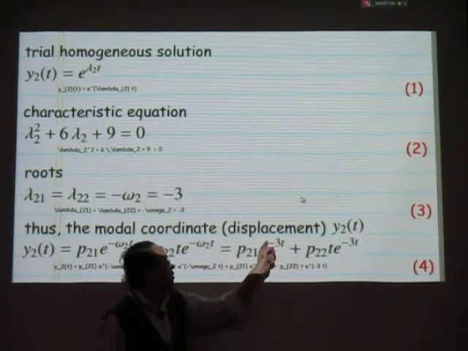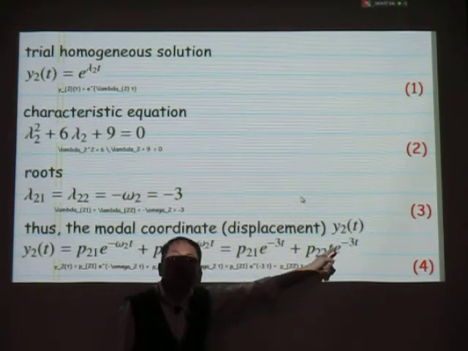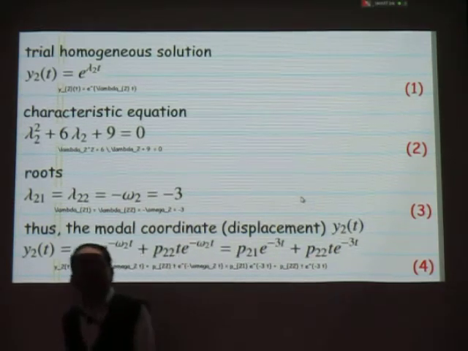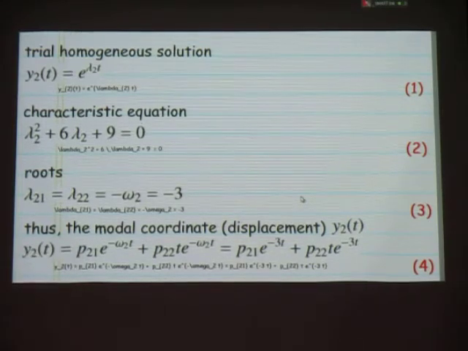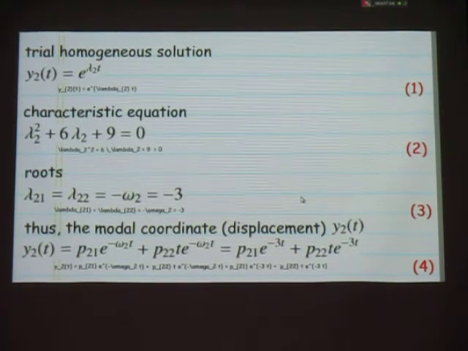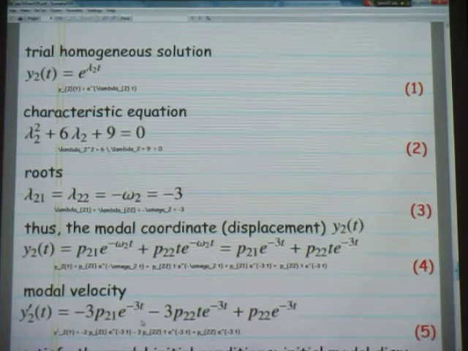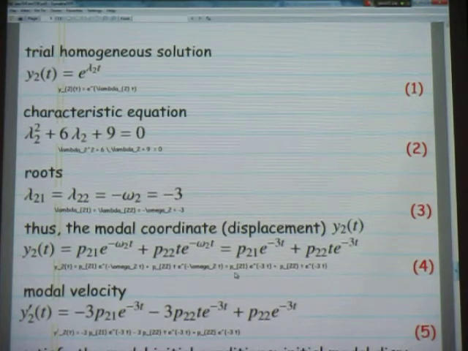Note that there's a negative sign on the exponent, which means that the amplitude goes down to 0 as time t goes to infinity. Okay. And so you need two equations for two unknowns.